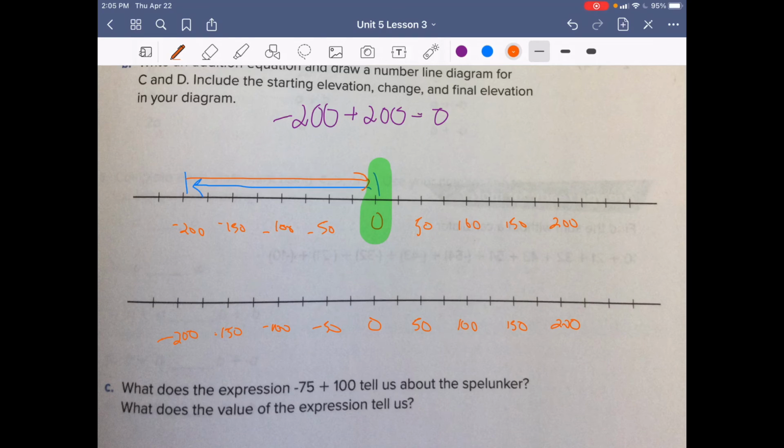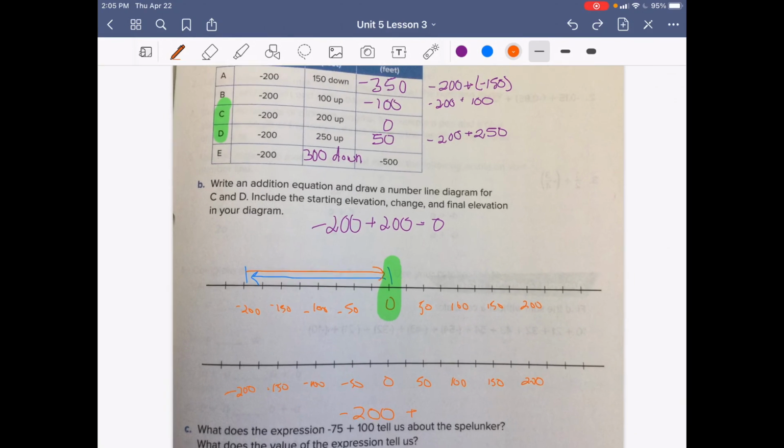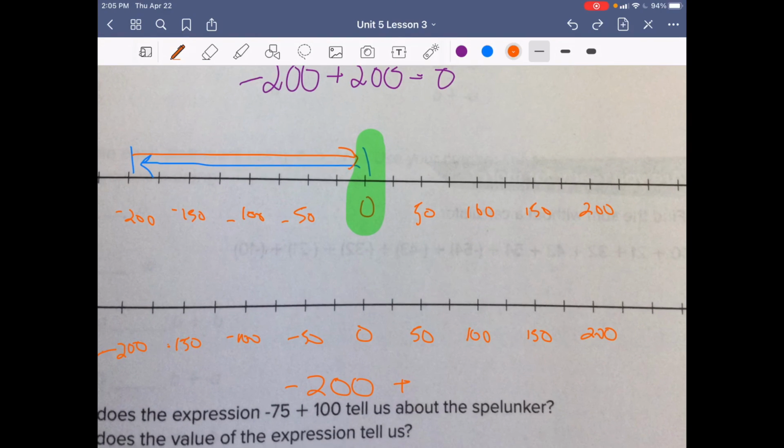All right, and our starting elevation was negative 200. And we added, how much was it? Oops, not that one. We added 250. So we added 250 to this. So let's start by marking off where we started.